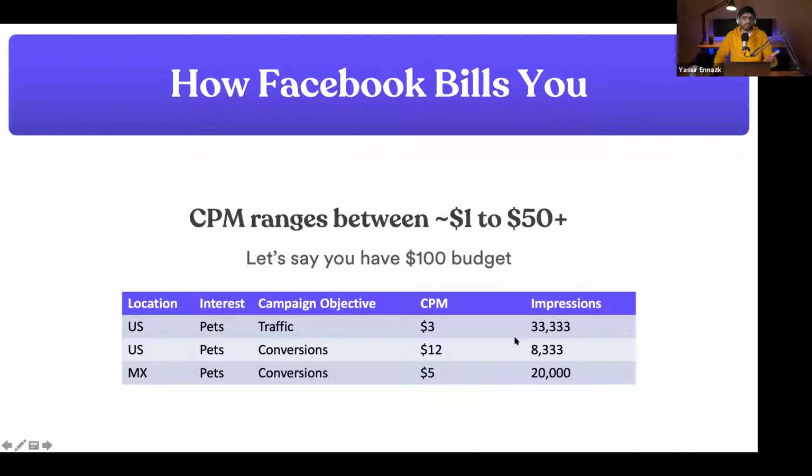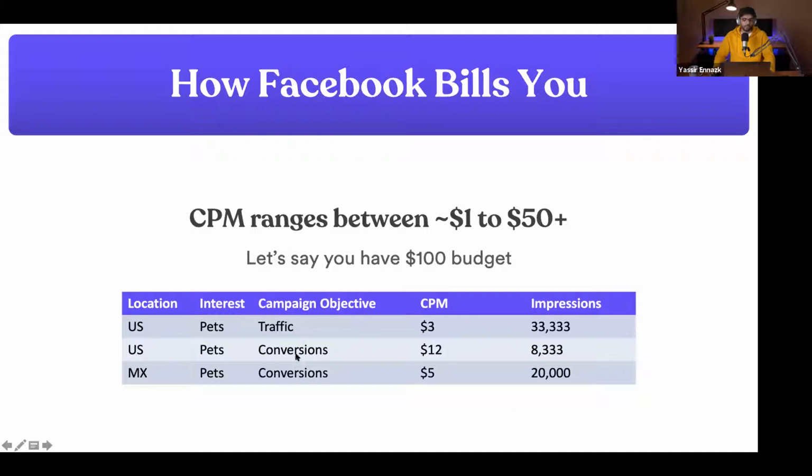And the reason being is that Facebook knows what their audience's behavior is like, right? So if you tell Facebook, I want conversions optimized for purchase, then even though you get higher CPMs, you're most likely going to get purchases.